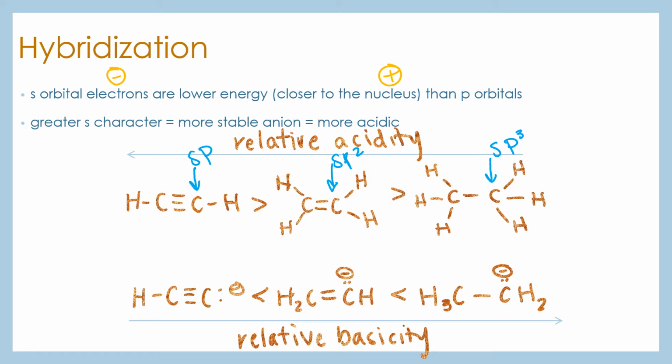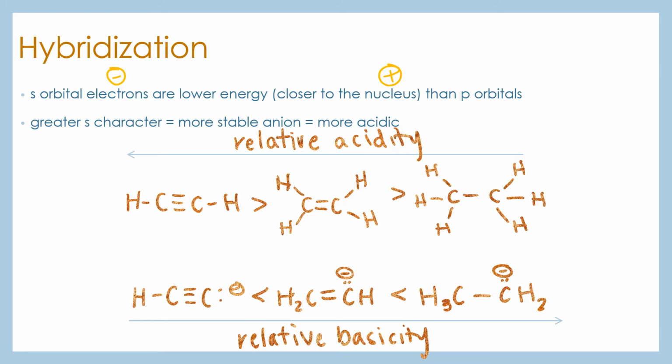So acidity is increasing this way because the alkyne has much more s character, which means that when it's deprotonated and the alkynide anion is formed, that negative charge is held in a lower energy orbital, which is favorable.